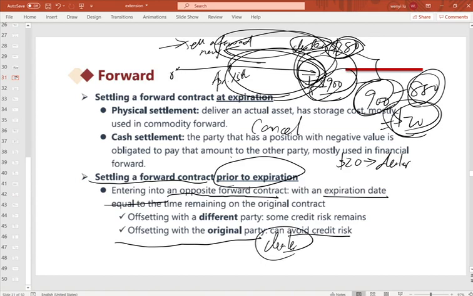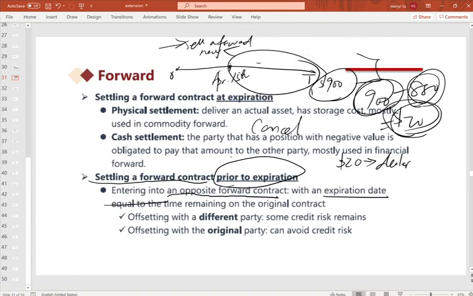However, if you don't sign a contract with the dealer directly, because the dealer is not willing to take your offer, you sign a contract with some third party, for example, Jack. If at time T Jack is not a very good guy and he defaults, he is not willing to buy the iPhone from you for $880.